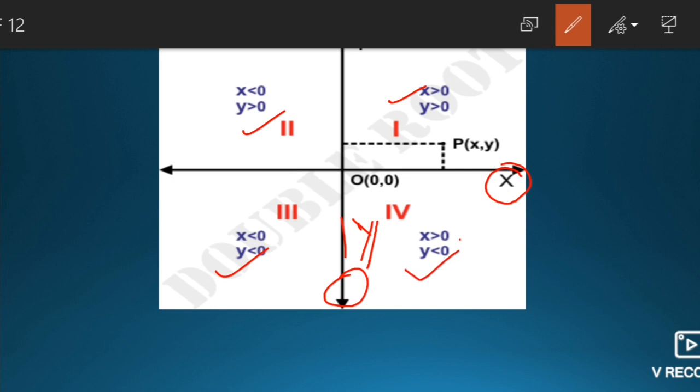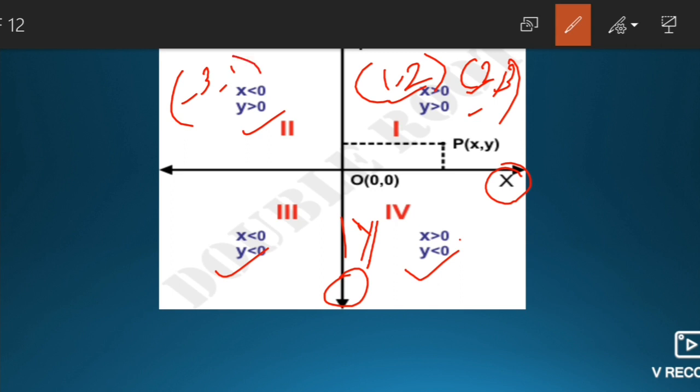Now in the first quadrant, the value of x and the value of y are both greater than 0, such as (1, 2), (5, 6), or (5, 11). In the second quadrant, the value of x is negative but the value of y is positive, such as (-3, 1) or (-2, 4).